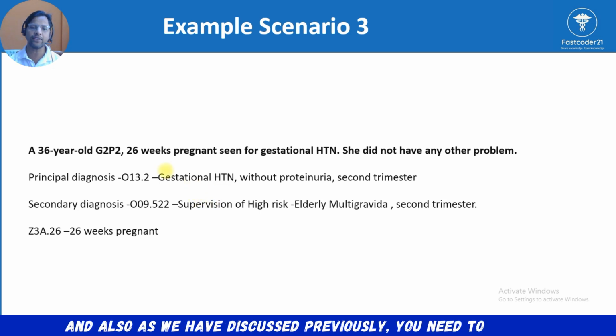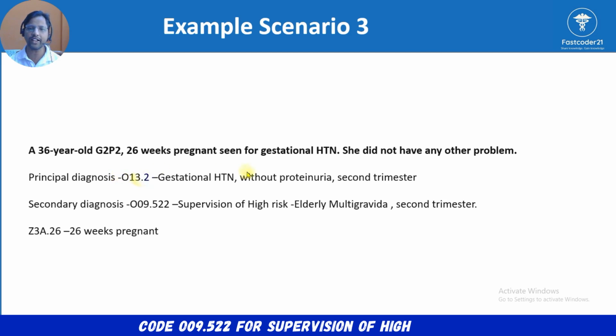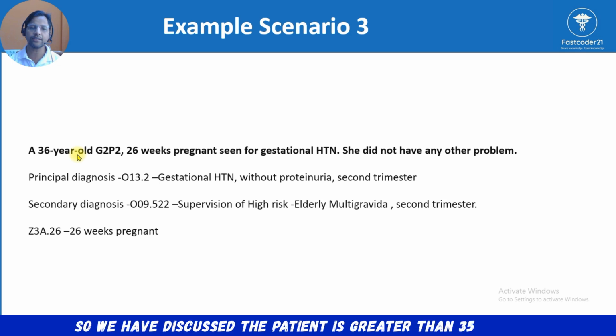And also as we have discussed previously, you need to code O09.522 for supervision of high risk elderly multigravida, second trimester. Okay. So here the patient is 36 years old. So we have discussed if the patient is greater than 35 years old, we need to code this add-on code or separate code. And also we need to code Z3A.26 for 26 weeks gestational.